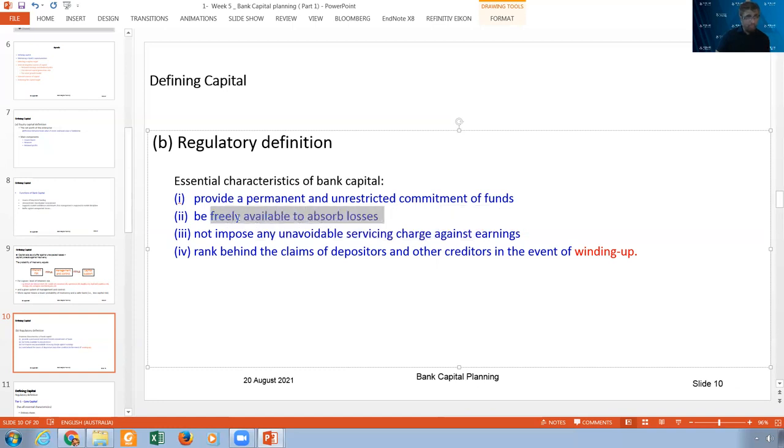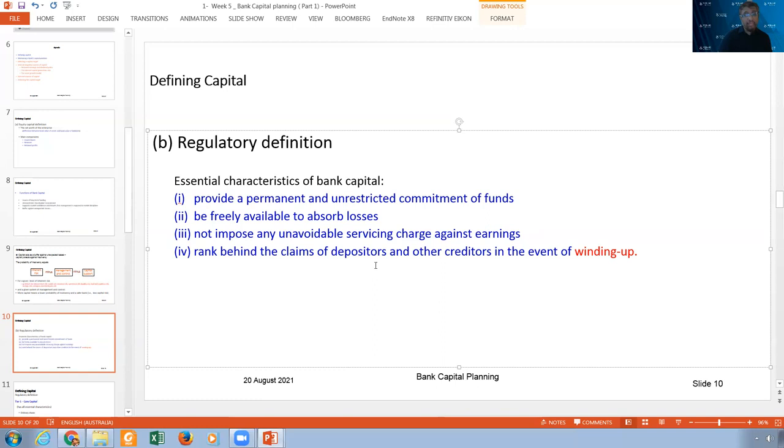Here, if I say no dividends, no problem. And finally, it ranks behind the claims of depositors and other creditors in the event of winding up. So when we close the bank, wind it up, or liquidate it, we will pay all the creditors and all the depositors, and whatever is left, we will distribute among the shareholders.